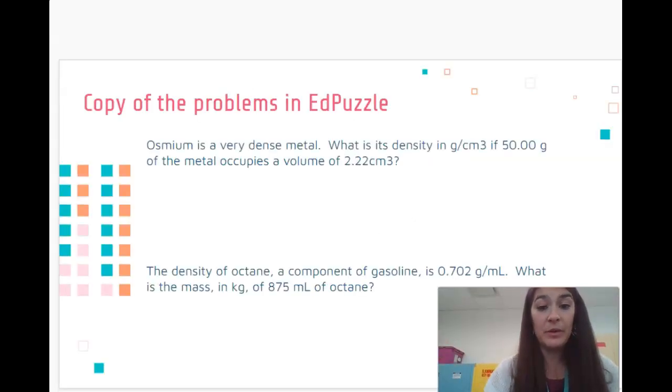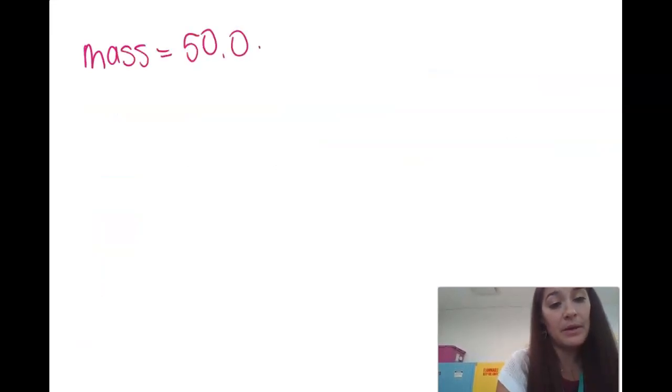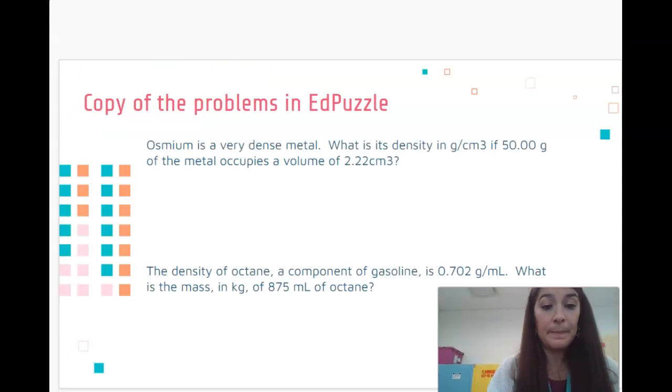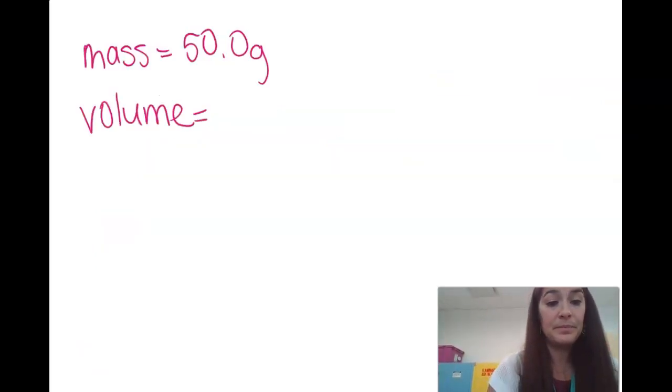we are going to use the information provided in the question. So it has a density is what we're solving for. The mass is 50 grams. So it's always a good idea to list what you know from that question. The volume was 2.22 centimeters cubed.